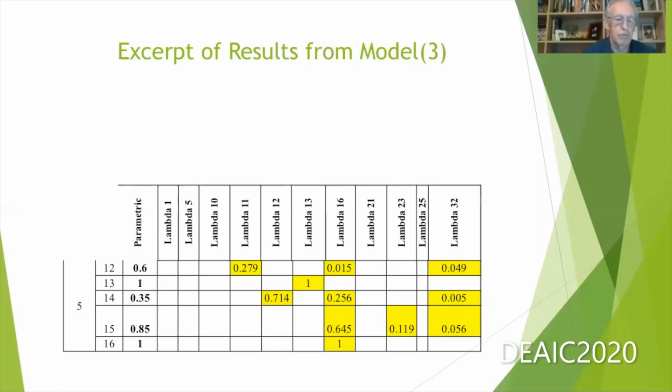Let's look at DMU 14. When we set out to find the efficiency of DMU number 14, notice what the lambdas are. Lambda 12, lambda 16, and in the end, lambda 32, and all other lambdas are 0. However, the interesting point here is that DMU number 12 is not on the frontier. It's an inefficient point.